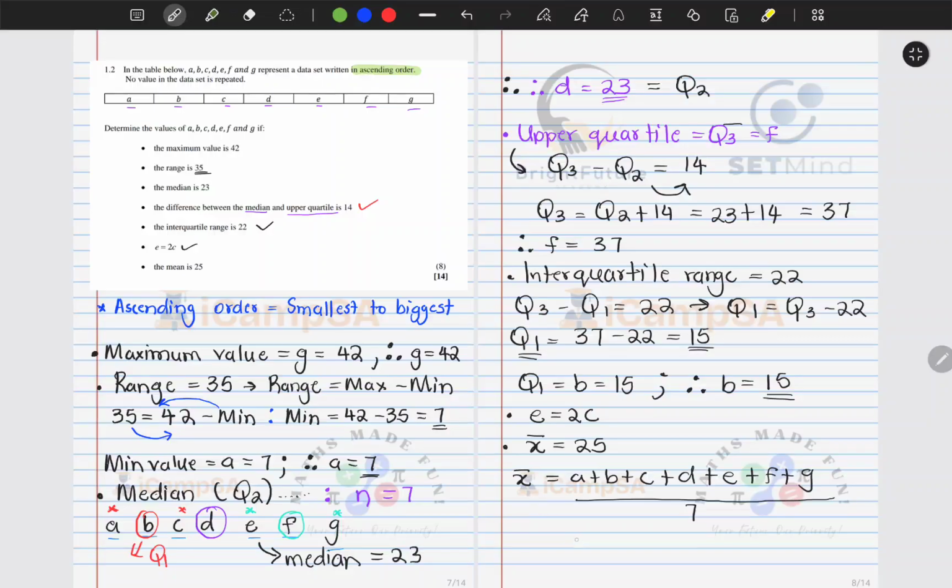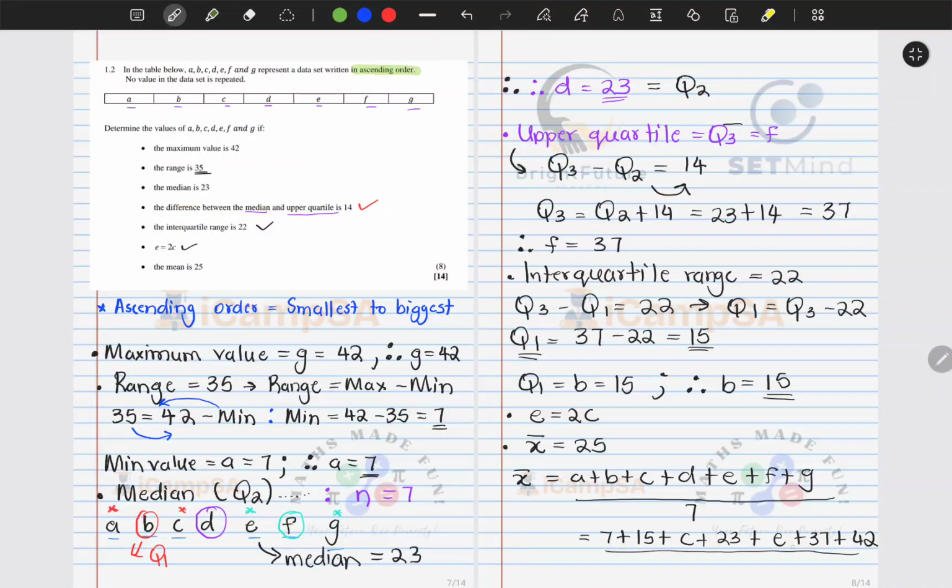So let's go ahead and plug in what we have. If you observe carefully, we'll end up having 7 plus 15, then plus C, which we don't have, plus 23, which is our D, median, and then plus E, which we don't have, plus 37 for Q3, and then plus 42 for the max.